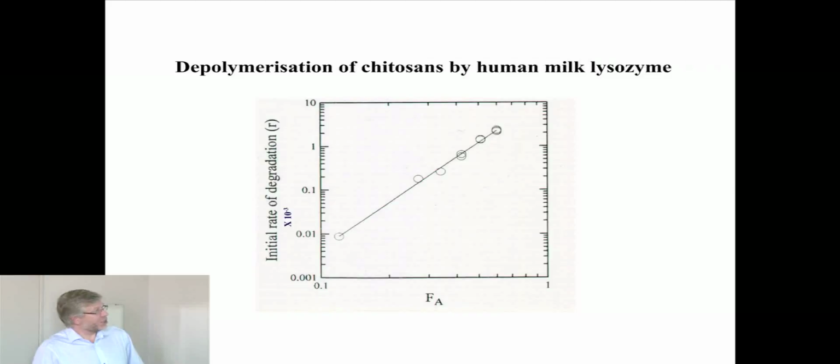So this is a measure of the rate. So a chitosan with a low degree of acetylation, typically 0.1, is slowly degraded. But as we increase, we can increase more than 2 log, more than 100 times the degradation. And this is because the chitosans in this region are not so different from the cell wall of bacteria, which lysozyme normally acts on.